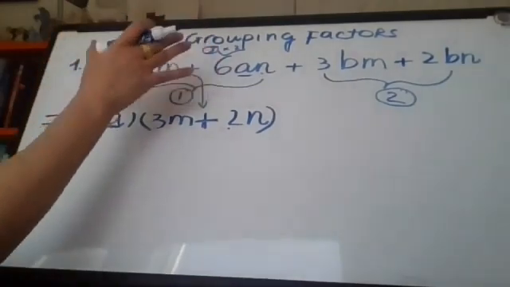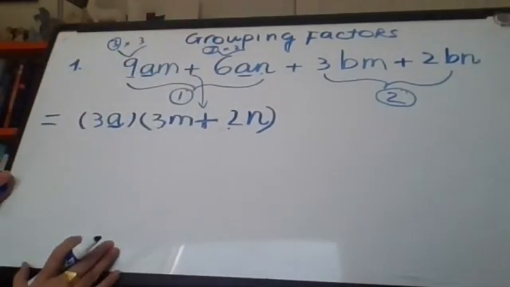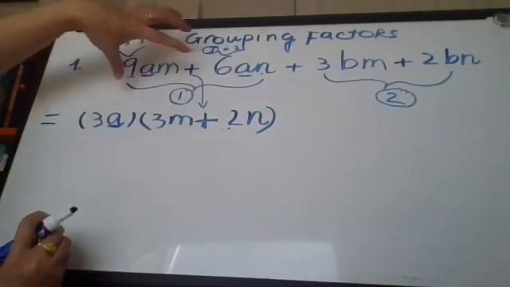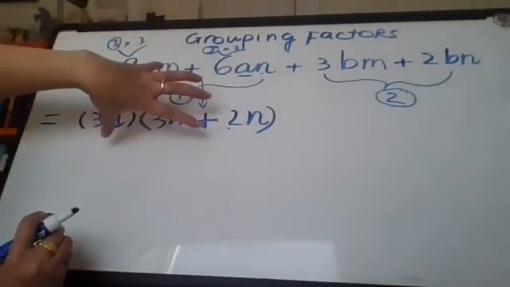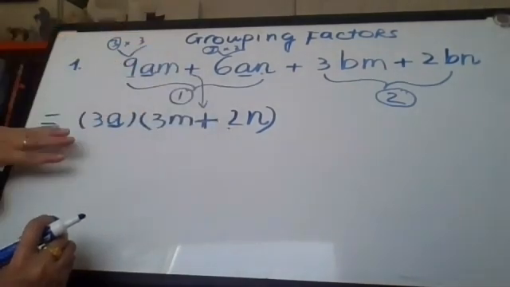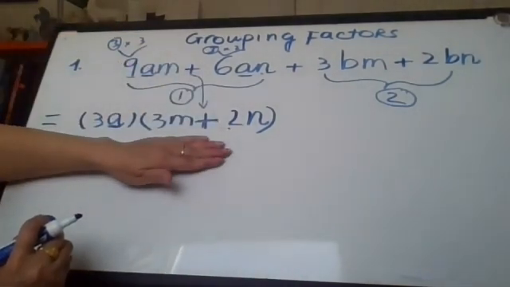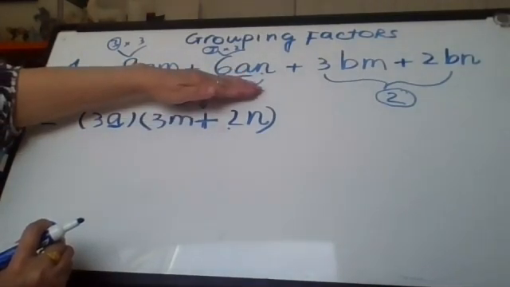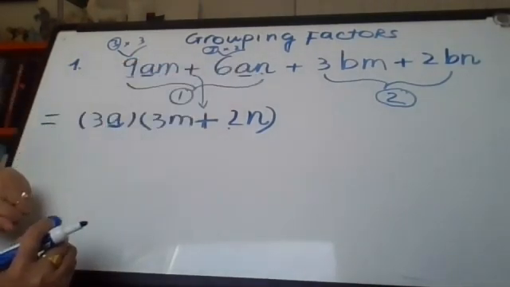So this group 1, I factor, and I'm done, right? Factor means breaking the expression into 2 brackets in such a way that when you multiply them, you get back exactly the same group 1 expression, right?